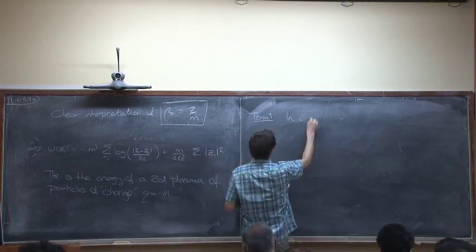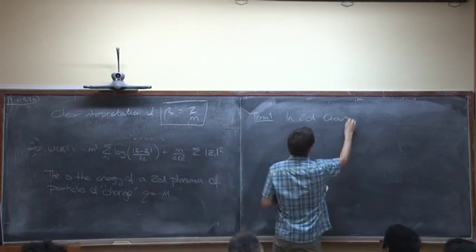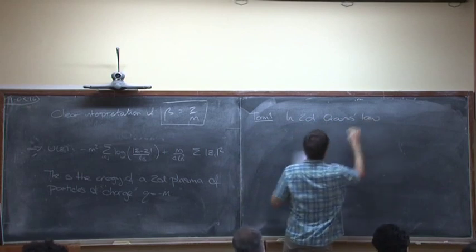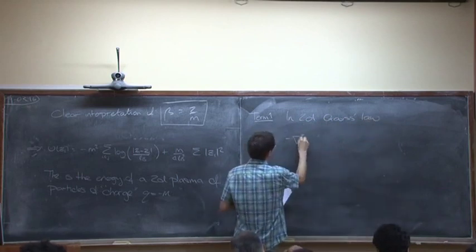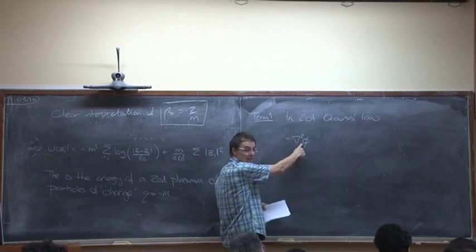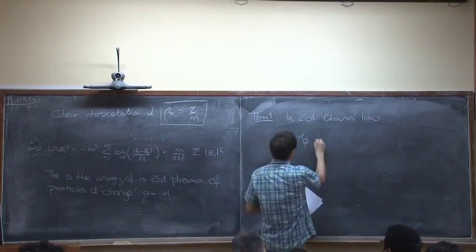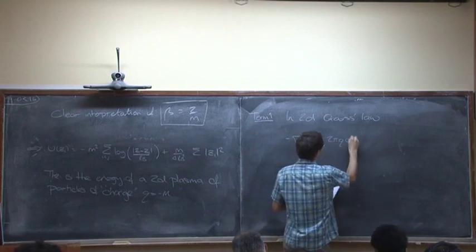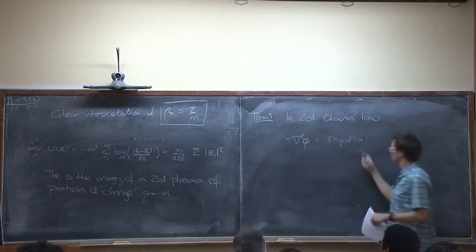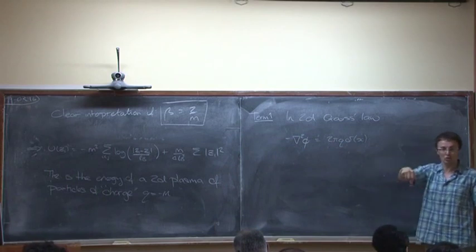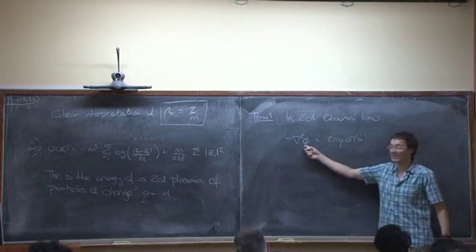So in 2D, Gauss's law, where phi is the electrostatic potential, but it's going to be an electrostatic potential just in 2 dimensions. So what have I done here? I put a particle of charge q at the origin, and I solve for the electrostatic potential.